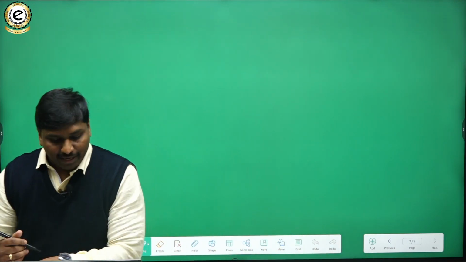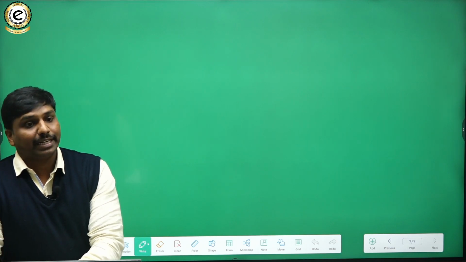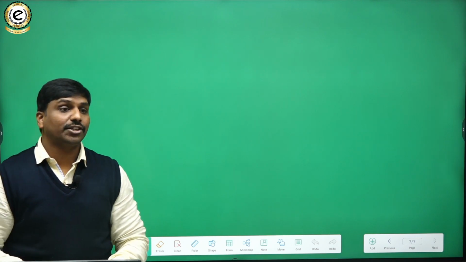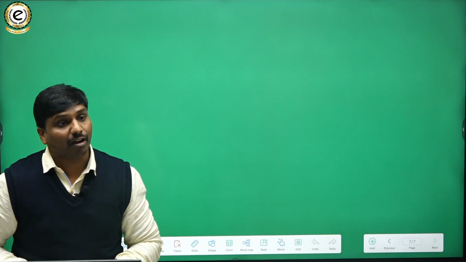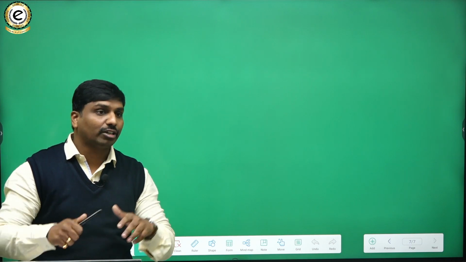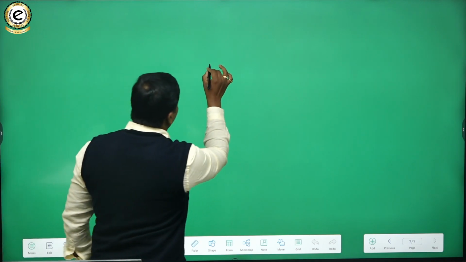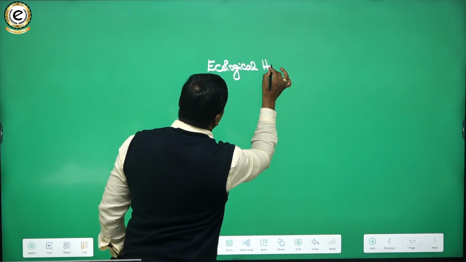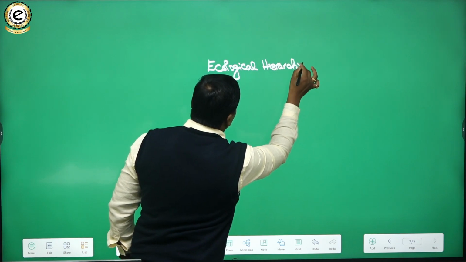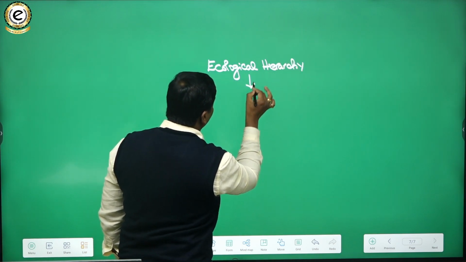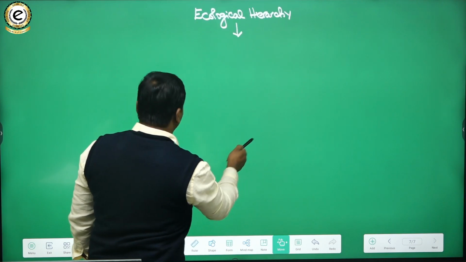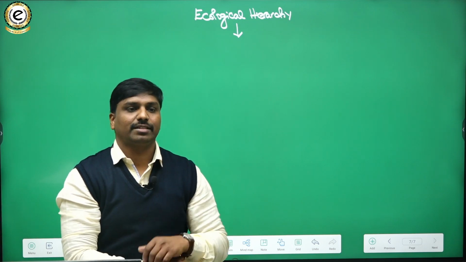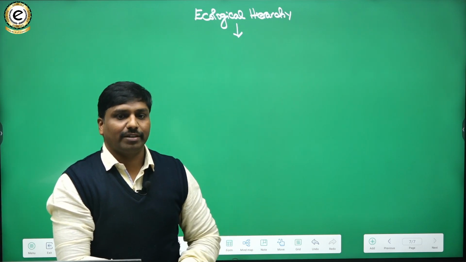Okay, so then, another important aspect: there are various levels of organization in ecology, or we can also call it the ecological hierarchy. So what is ecological hierarchy? It is made up of various levels. Hierarchy is nothing but a systematic arrangement of various things in a layered fashion.